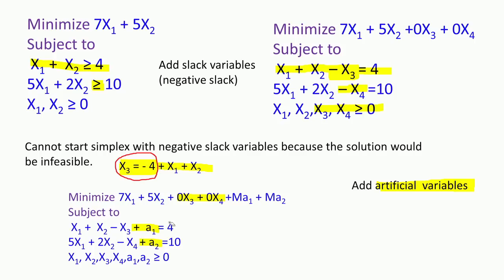What I do is, I give a large objective function coefficient to A1 and A2. This big M is large. If I look at the other values like 7, 5, 0 and 0, big M is large. Big M is 100. Big M is 1000. Big M is 10,000. It's a very large value.